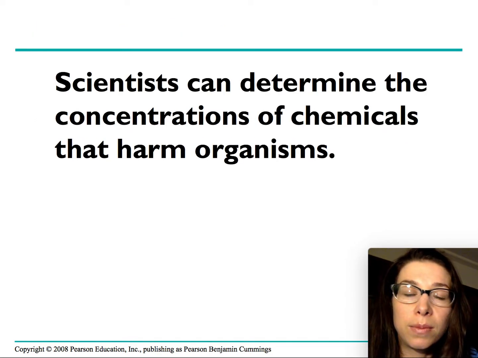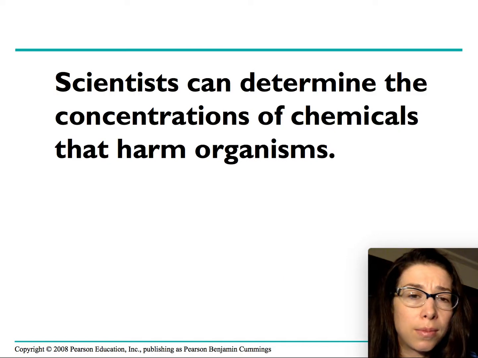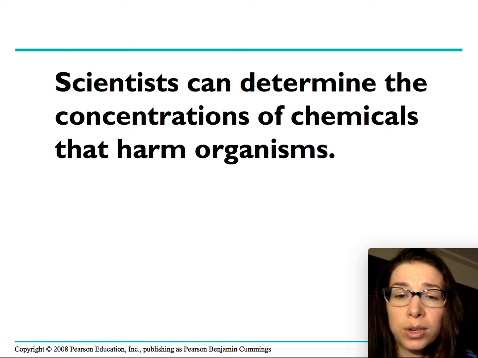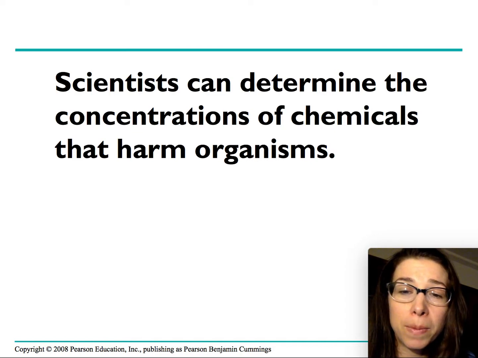We can talk a little bit about scientific trials, so let's just go through a couple of concepts very quickly. We can study how chemicals affect organisms, and usually scientists are not going to take groups of human beings and expose them to toxic chemicals on purpose with the intention of seeing how those toxic chemicals affect human health.